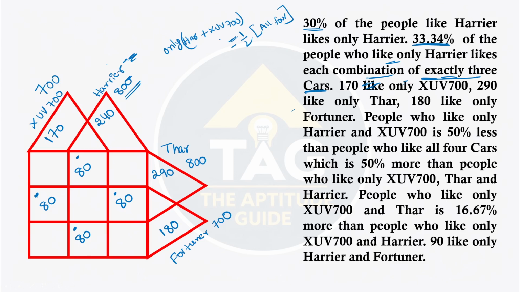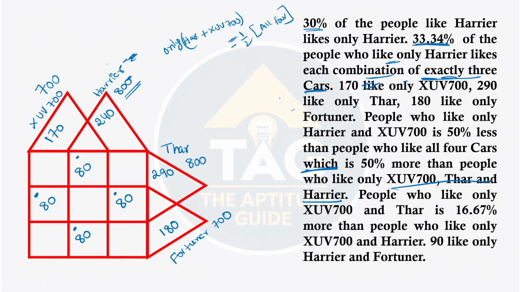So in order to find this, we should get to know how many people like all 4 cars. As it's not given, there is a continuation here, which means people who like all 4 cars is 50% more than people who like only XUV 700, Thar, and Harrier.